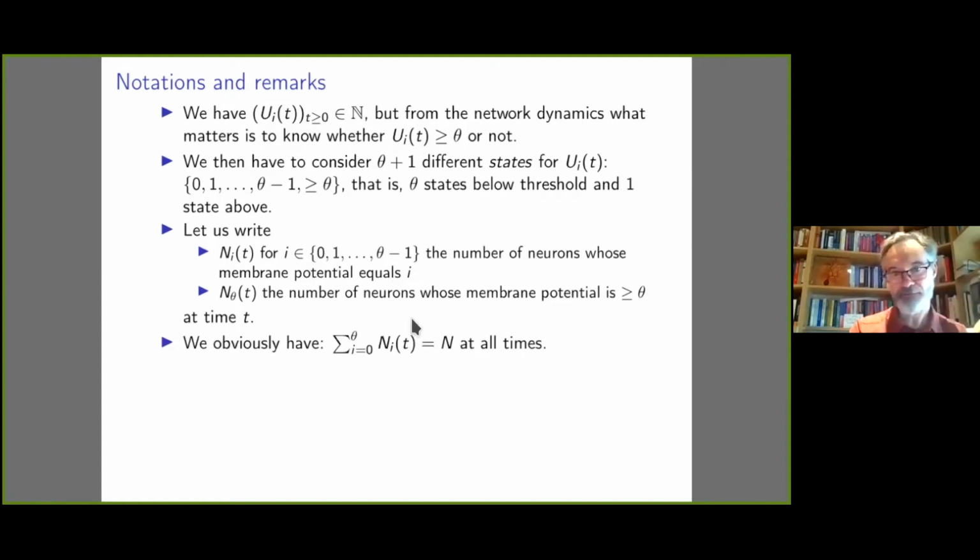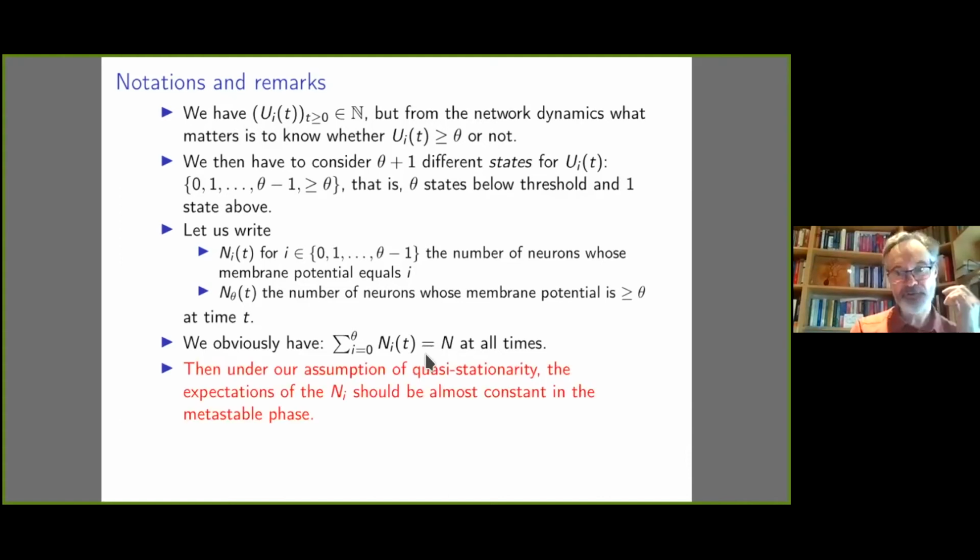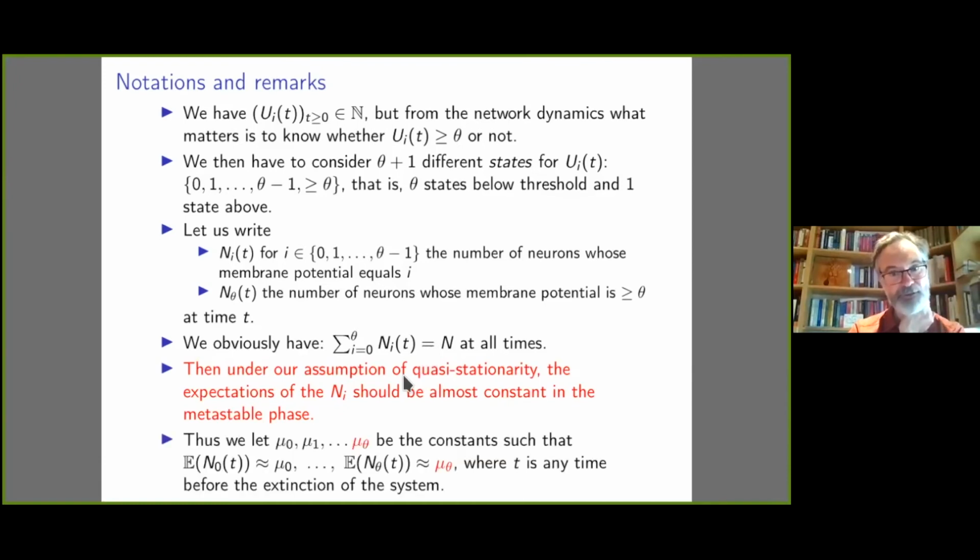Then at every time I have necessarily the fact that if I sum over these Ni's, the sum equals N. And under the assumption of quasi-stationarity, the expectation of the Ni should be almost constant in the metastable state. So I should have constant quantities mu 0, mu 1, up to mu theta, such that the expected value of each of the N's is roughly given by these mu's.